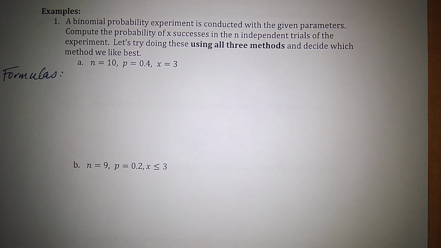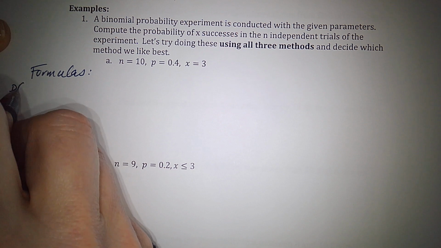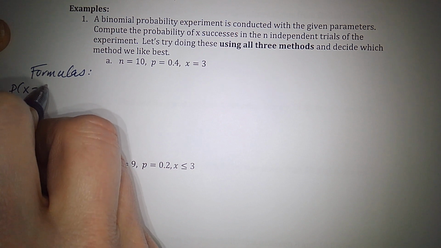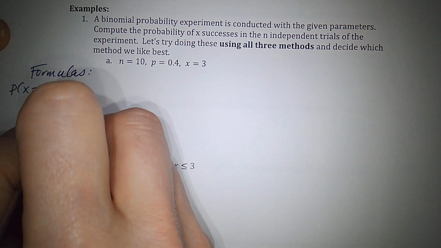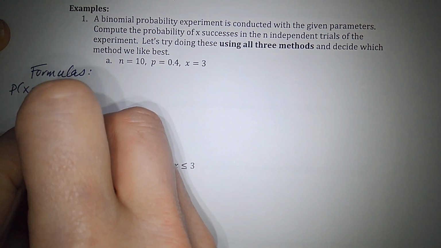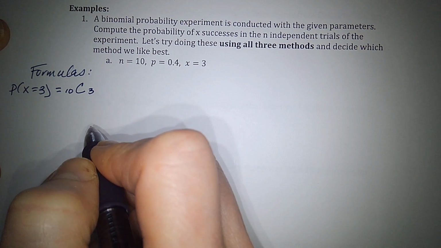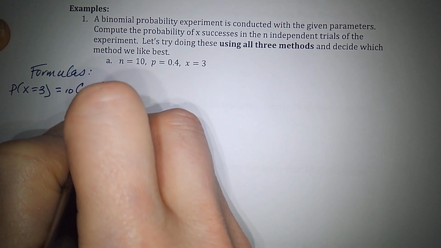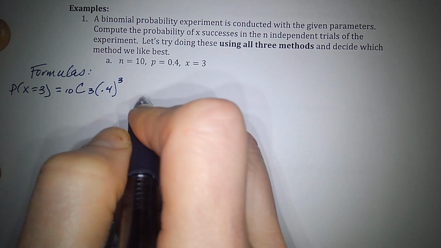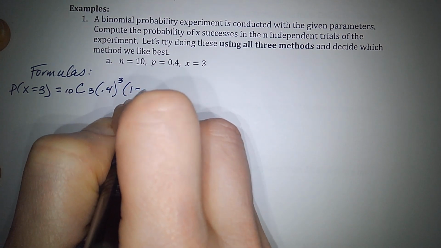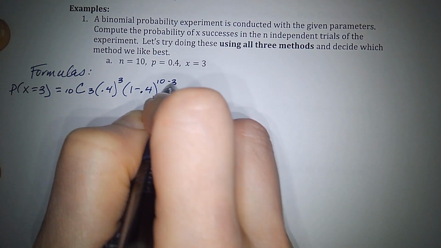Using the formula from the previous page, I want the probability of getting exactly 3 successes, which is equal to a combination of 10 total items, taking 3 successes, times the probability of success to the 3rd power, times the probability of failure, and I want 10 minus 3 failures.